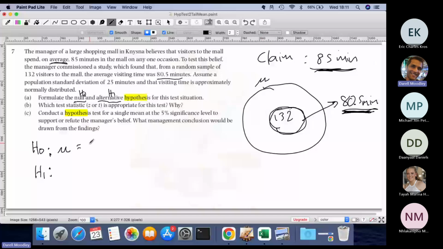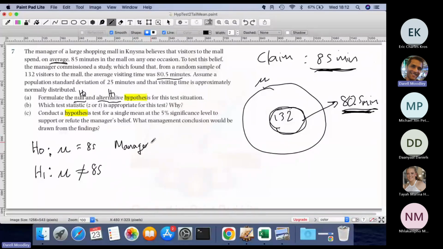I don't have to write minutes, you just need to write 85. In the end, when you interpret it, you just need to know it's minutes. And H1 is the opposite of this. Whatever you have in H0, H1 will be the opposite. So if mu is equal to 85, then the opposite of that is mu not equal to 85. That's the alternative hypothesis.